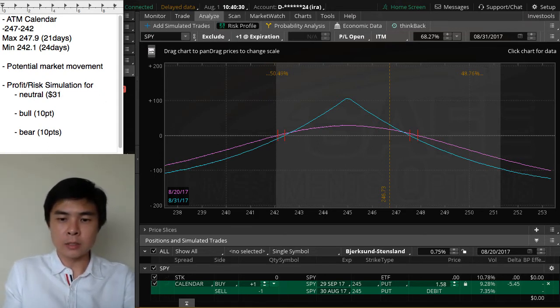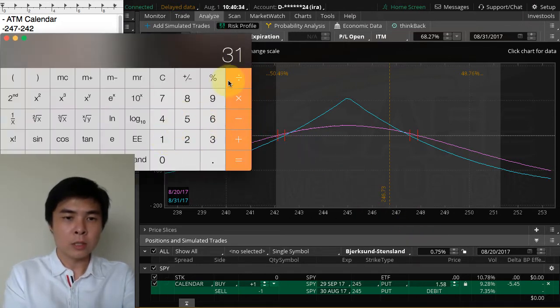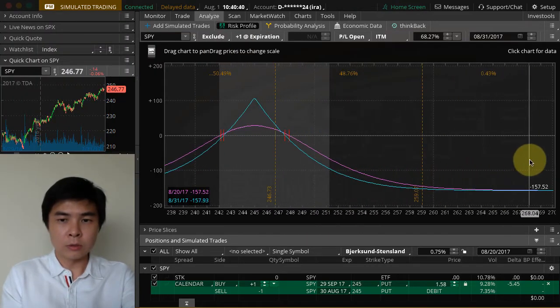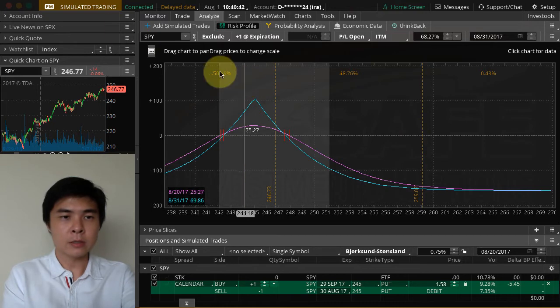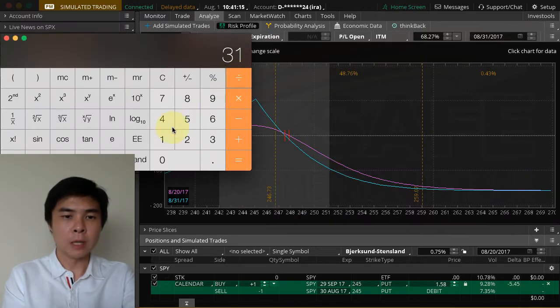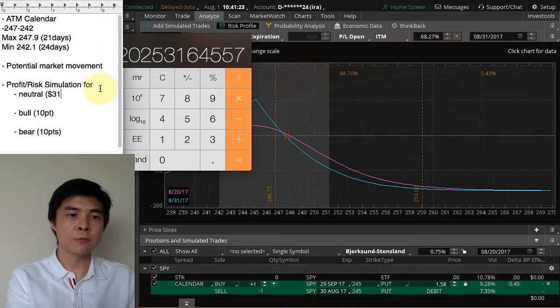Okay, and that is approximately, let me just take a calculator, $31 divided by, okay, let me just be sure, so it's actually 158, alright, so $31 divided by 158, multiplied by 100, and we will get about 19% of profit.